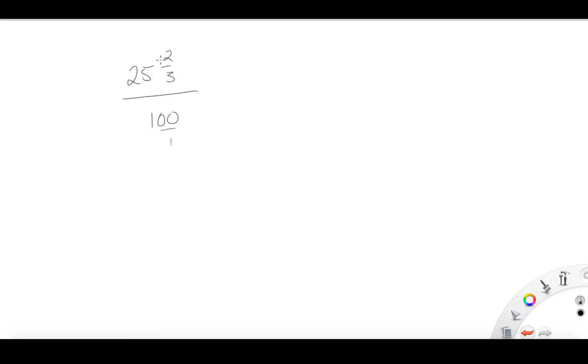Because it's a single number down here, we're going to start with the numbers on top. We have to change this into an improper fraction. 3 times 25 is 75 plus 2 is 77 over 3, over 100 over 1, because 100 is kind of over 1.